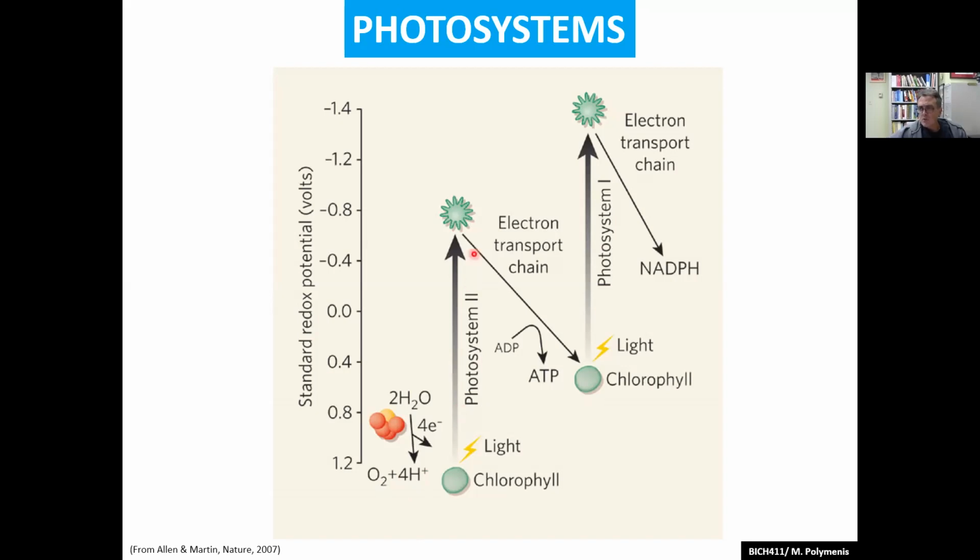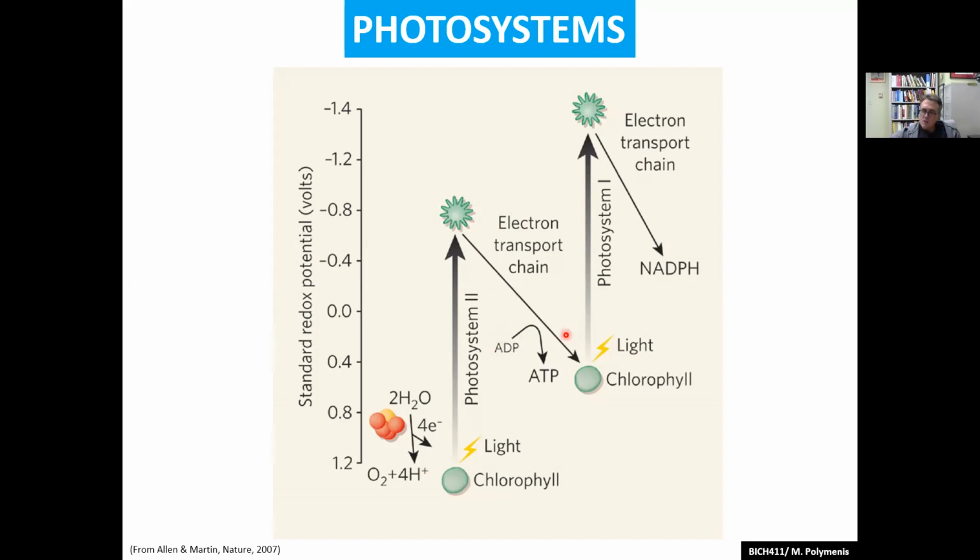And what happens with a high energy electron is going to move along an electron transport chain, and it's actually going to find its way onto some other chlorophyll molecule. In the process you get ATP the way we described, with a translocation of protons.